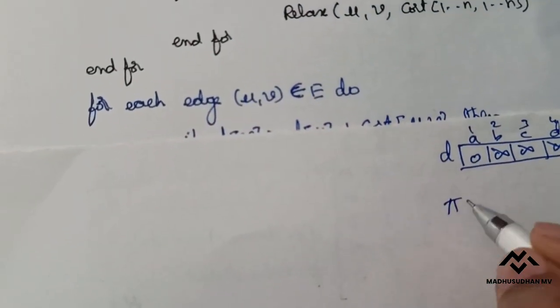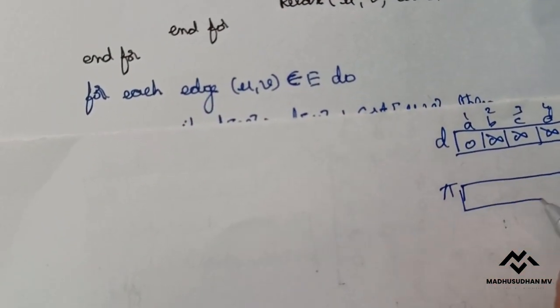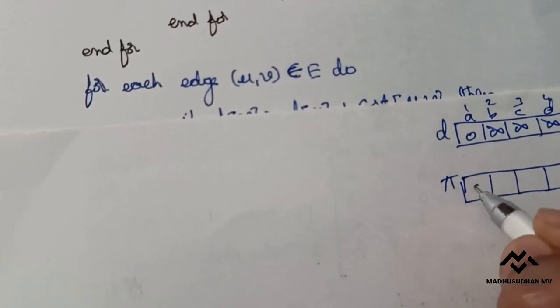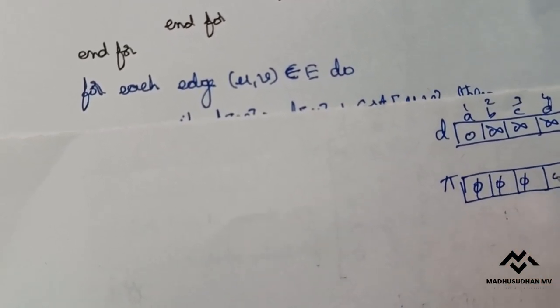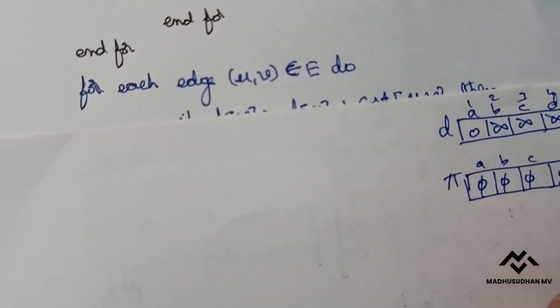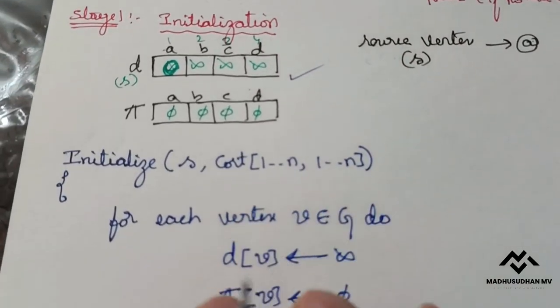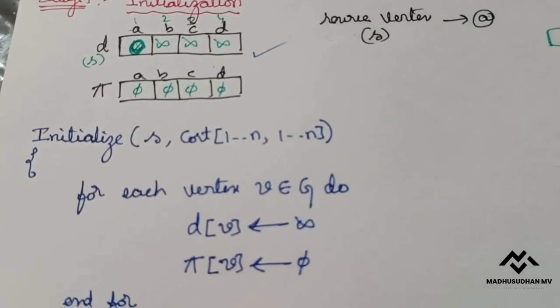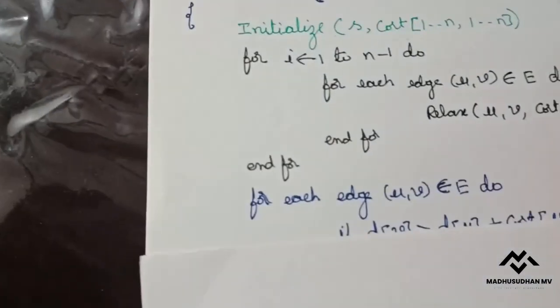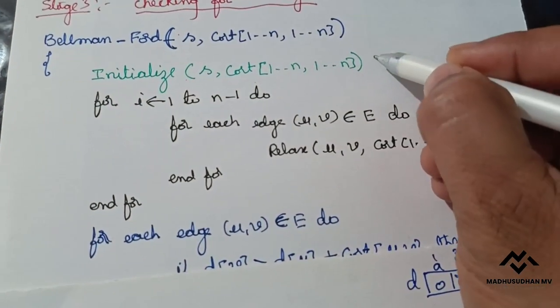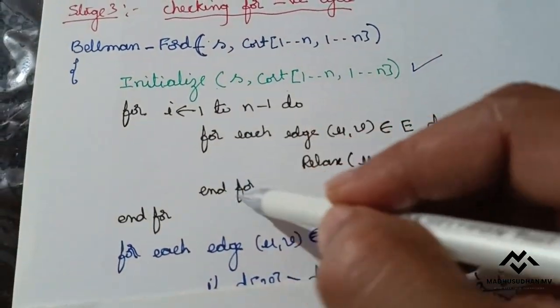And the predecessor we found initially is null, null, null, null for these vertices. This is what we got initially from the initialization. This is what we already did. So now this statement is over. Now what am I to do? Relaxation.